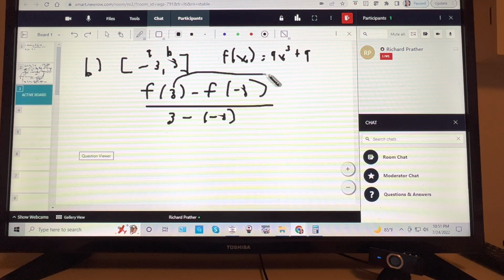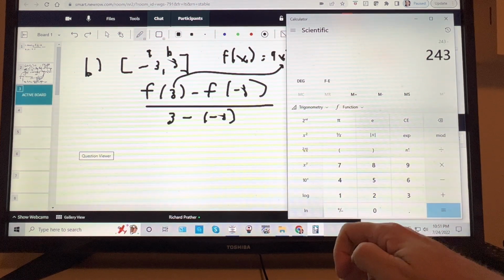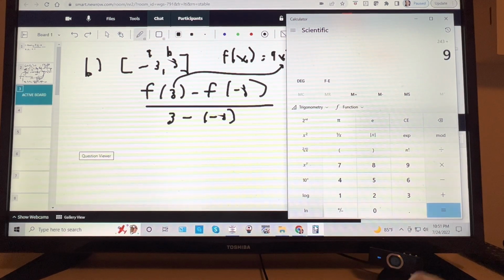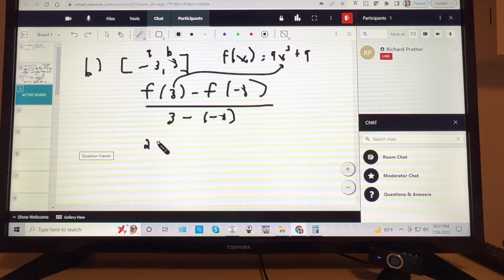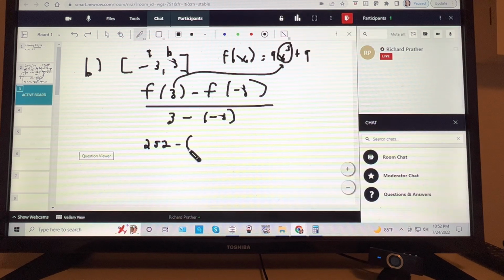So plug in 3 first. 3 cubed is 27. 27 times 9, and then plus 9. So f of 3 is 252. F of -3 cubed is -27 times 9 plus 9 is -234.